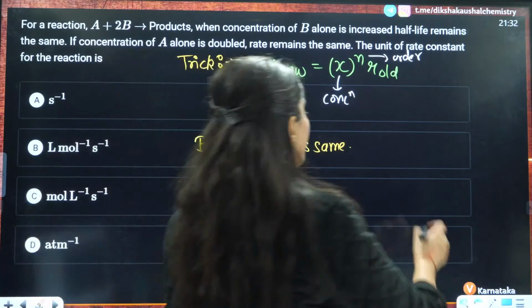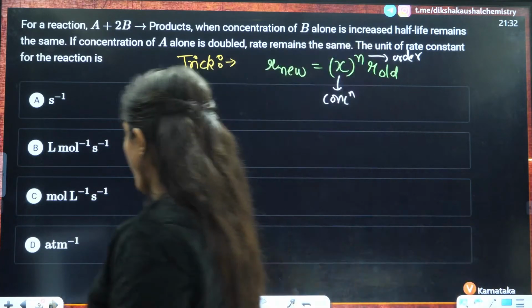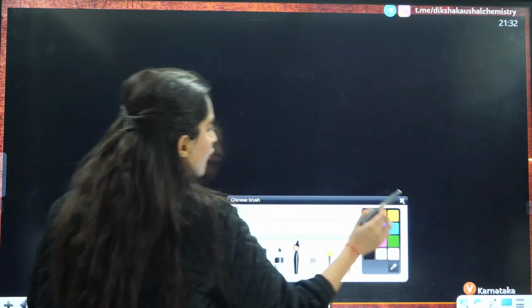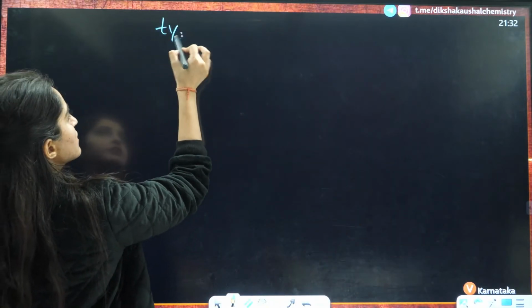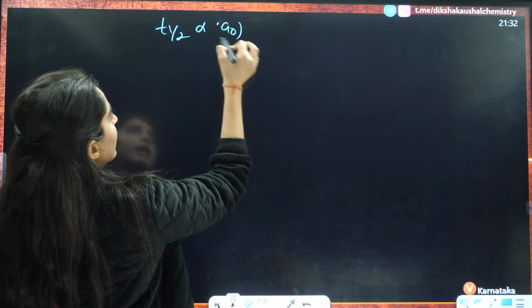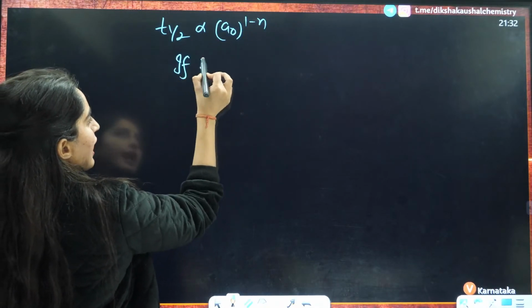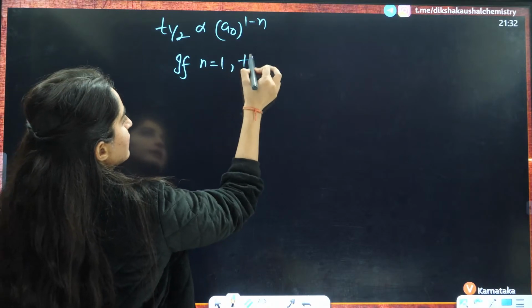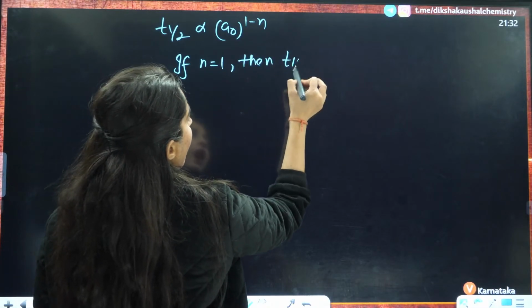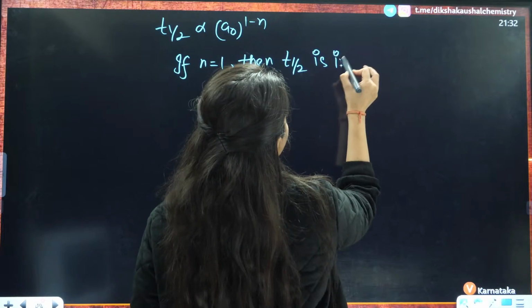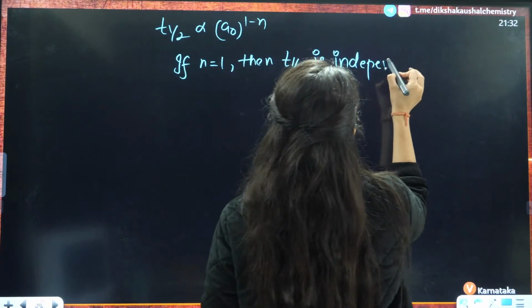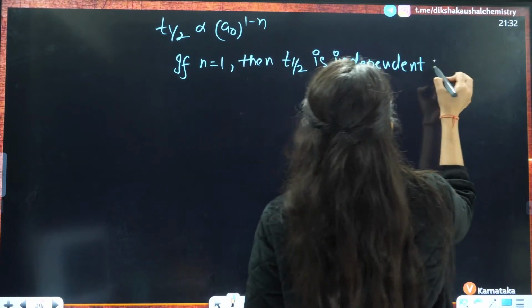See, I told you one thing, there are two concepts involved here. For half-life, we know that T half is directly proportional to A naught raised to power 1 minus n. If n is equal to 1, then T half is independent of concentration.